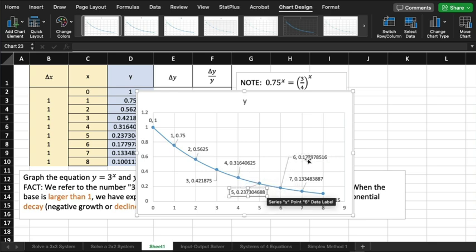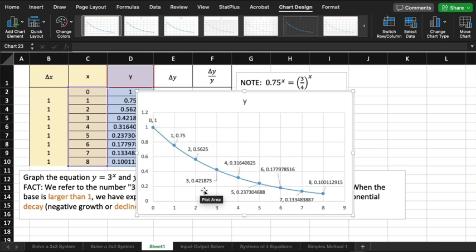I'm going to kind of alternate it so that that one's going to go below and this one's going to go above. There, so that's a little more readable. It just doesn't have parentheses around the coordinates, but those are your ordered pairs that show what each point on this graph is. Okay, so those are now labeled.